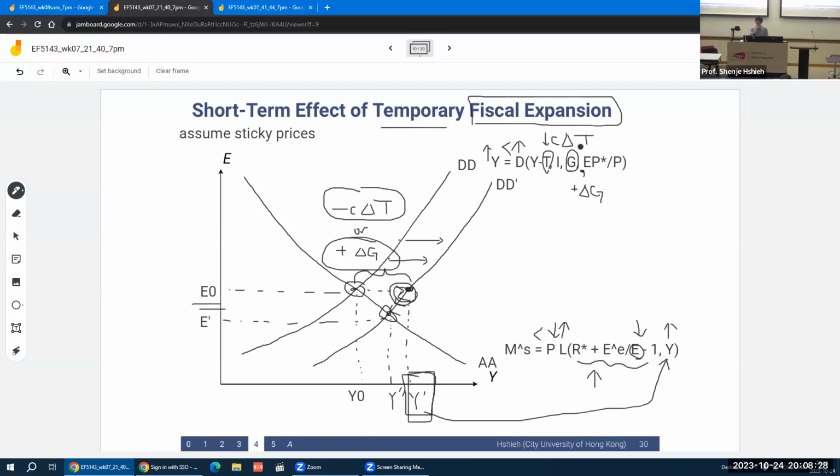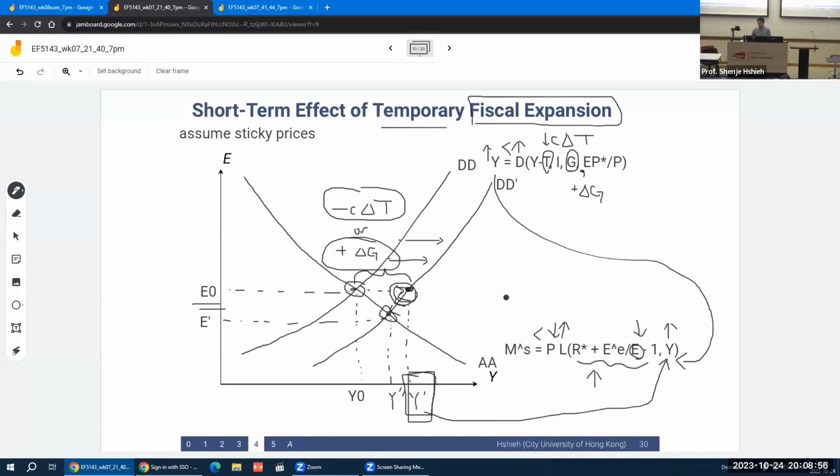With a higher Y, that feeds back into the money market equation, and that's going to increase liquidity demand overall. Okay, if we want to restore market clearing in the financial markets, then something has to happen with interest rates to undo the change in L. And that's only possible if interest rates increase. Interest rates can only increase if we have a stronger domestic currency.